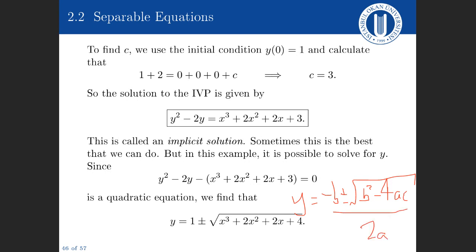What we find is that y is equal to 1 plus or minus the square root of x cubed plus 2x squared plus 2x plus 4. And we just say this is not a typo. This really should be 4 just here. But I'll leave that for you to check.